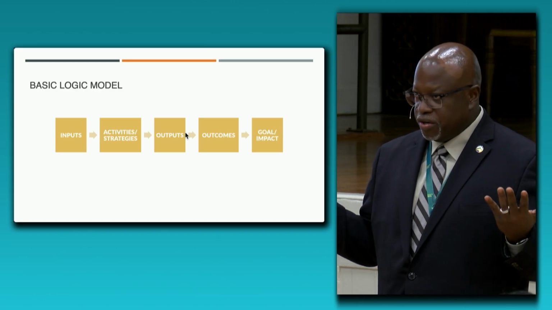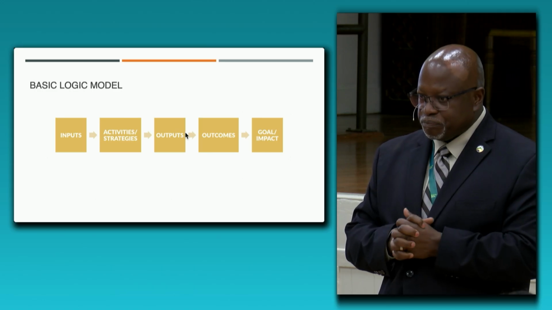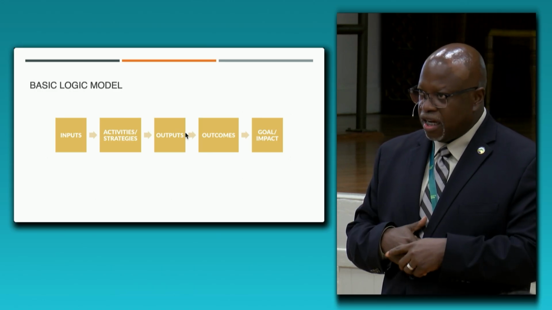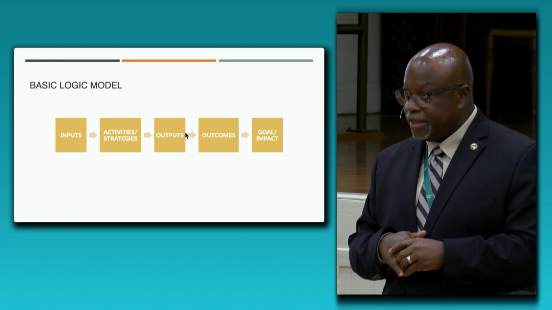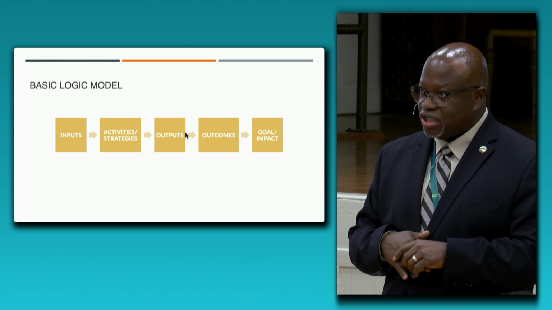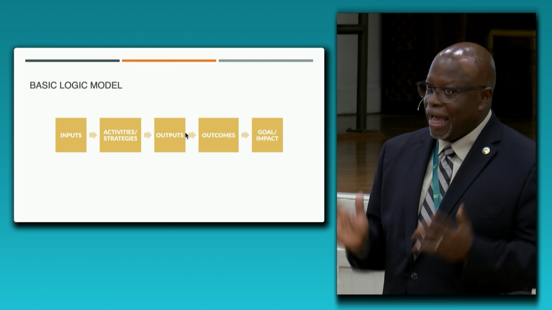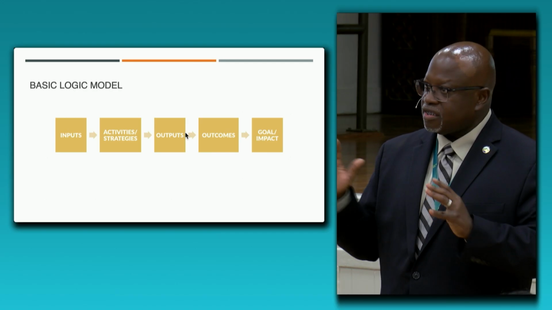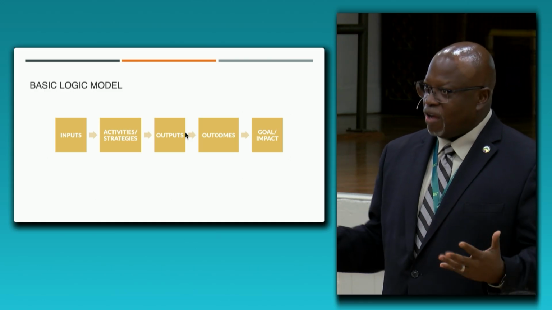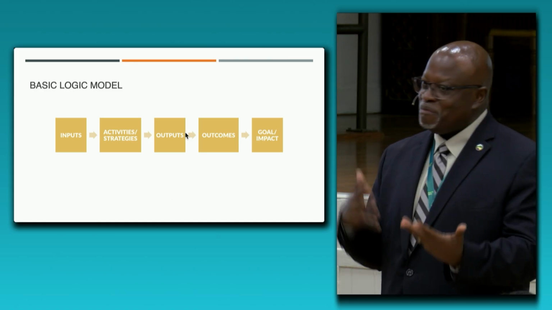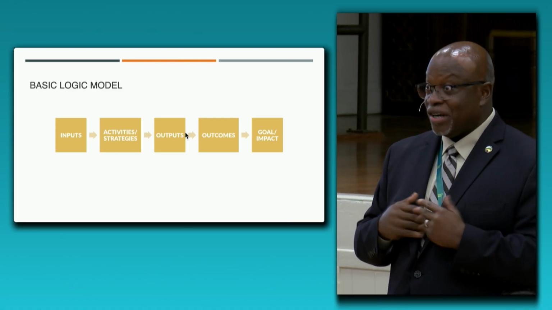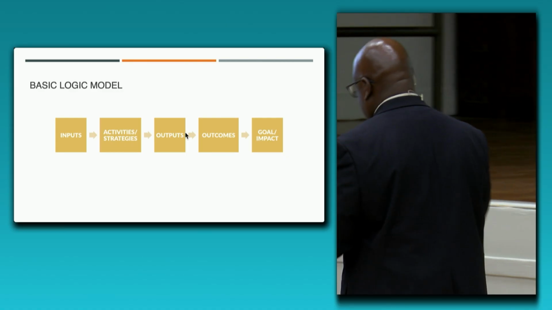You have a program where you're targeting the Latino population for high prevalence of hypertension and diabetes, right? And you want to do education around how to mitigate that. And part of that is that you are going to use a small room in your office to hold these sort of informational meetings. The provision of the room is an input, right? So that gives you a general idea what that might look like.